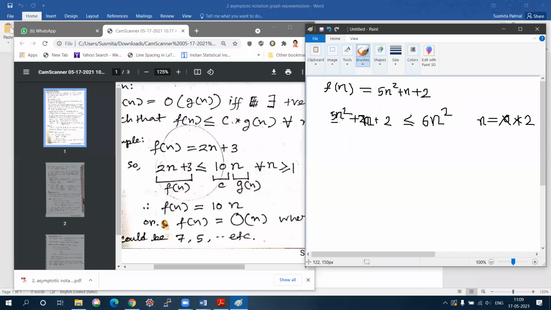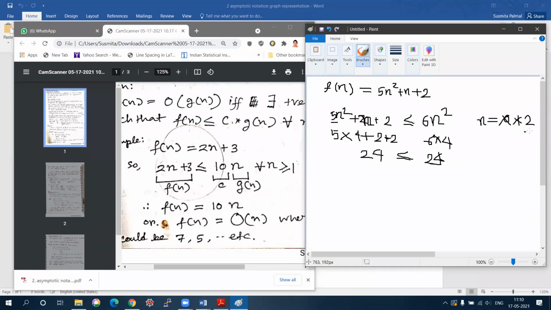Let's see: n square is 4, so 5 into 4 plus 2 plus 2, which is 24. On the right side, 6 into 4 is 24, so definitely 24 is less than or equal to 24.